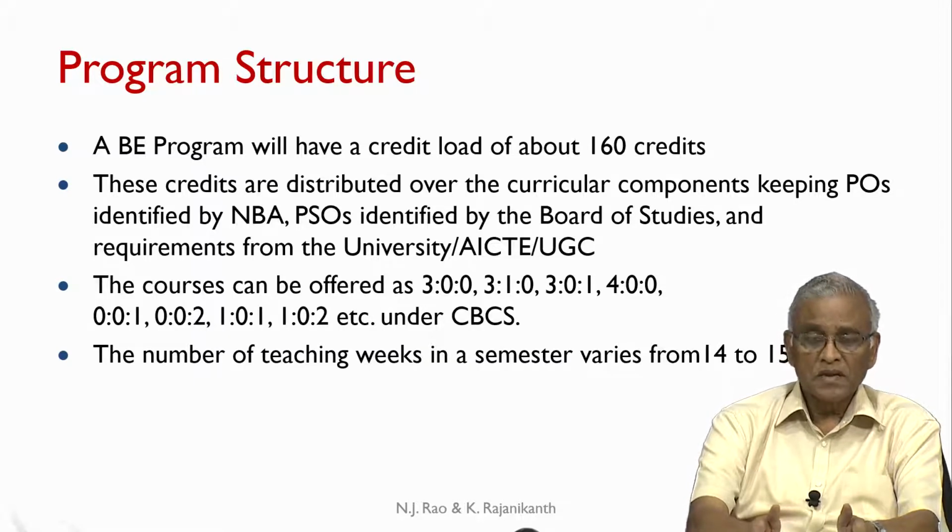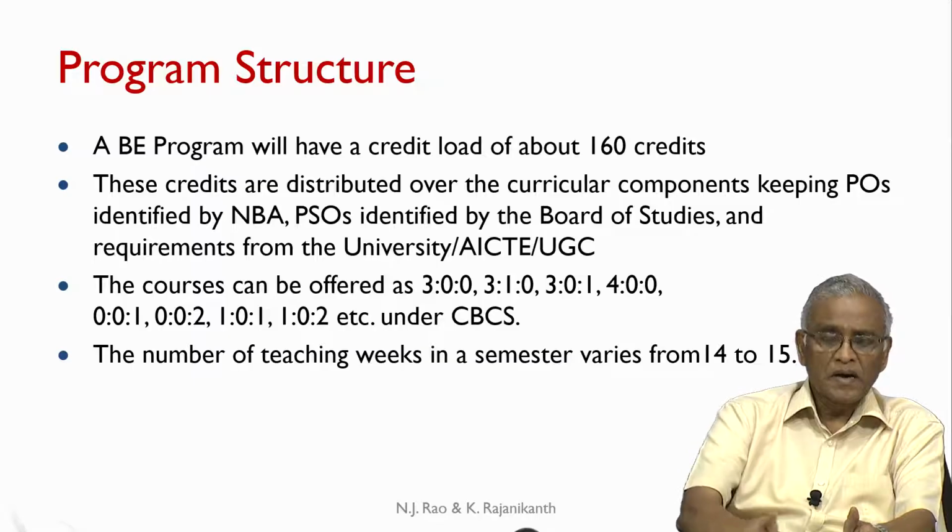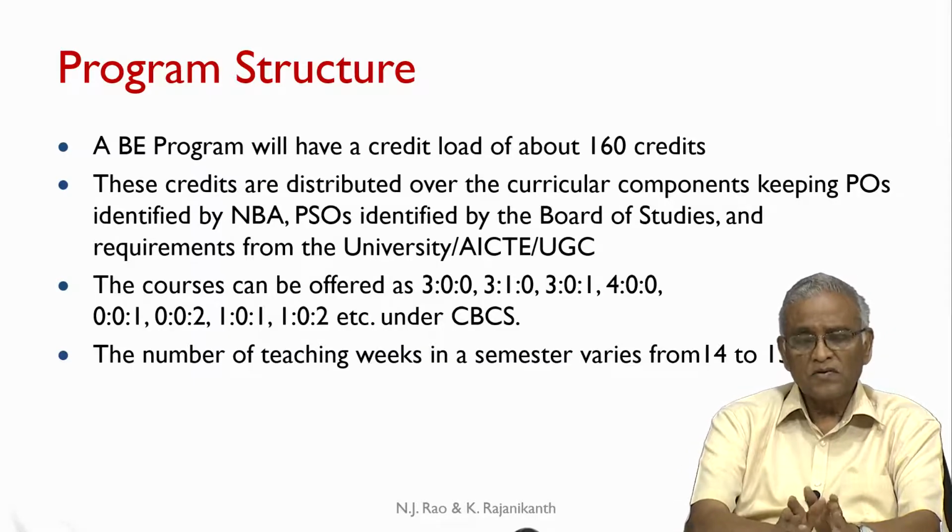In the recent past they are coming back to around 160. Many programs have come back to 160 plus or minus 5, or sometimes 160 minus 5 to 160 plus 10. They are trying to come within that.